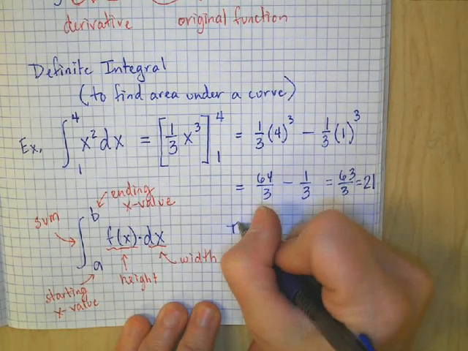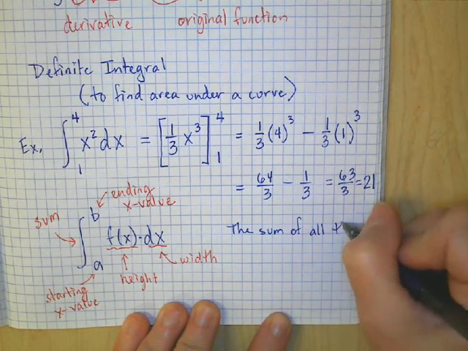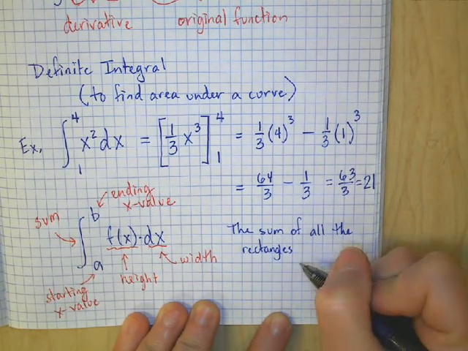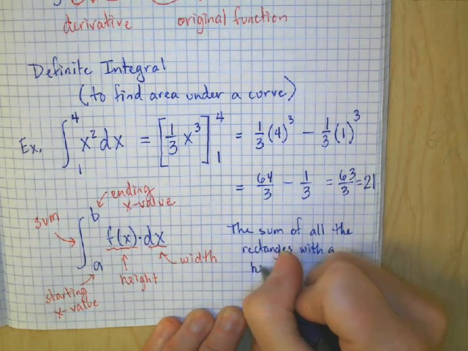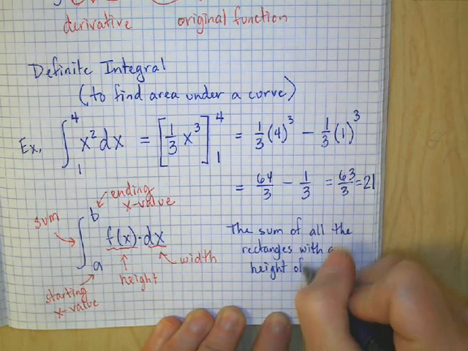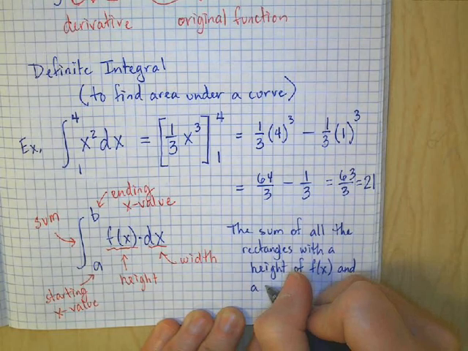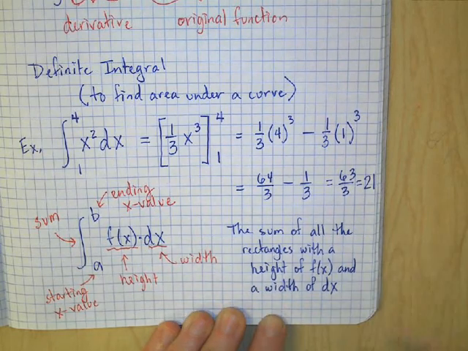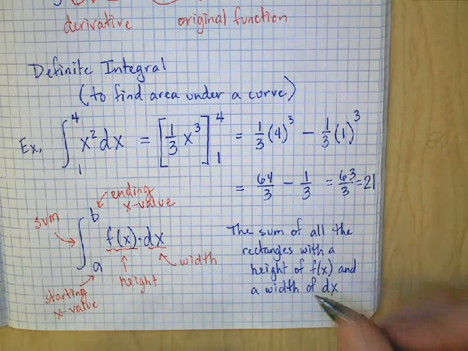This is the sum of all the rectangles with a height of f of x and a width of dx. And we talked about dx going to 0. We want as many rectangles as we can, so we make the width smaller and smaller and smaller, so it's basically like a limit to get the area under the curve.